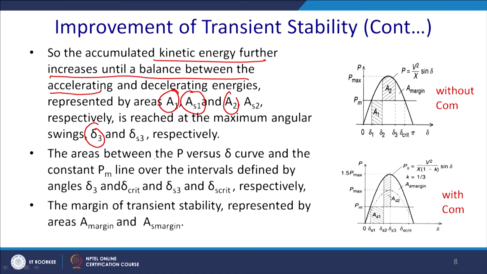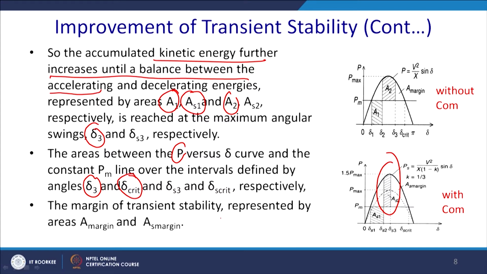The areas between the P versus delta curve and the constant Pm line over the interval are defined by the angles delta 3 and delta critical, and delta S3 and delta S critical respectively. So, you can see a huge margin here with the compensation.